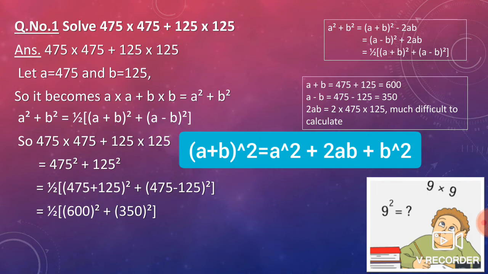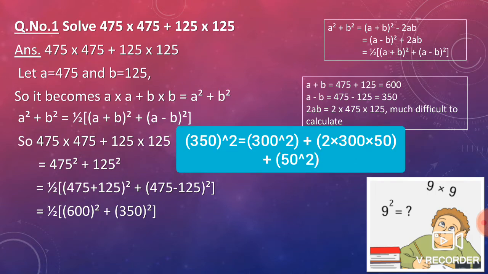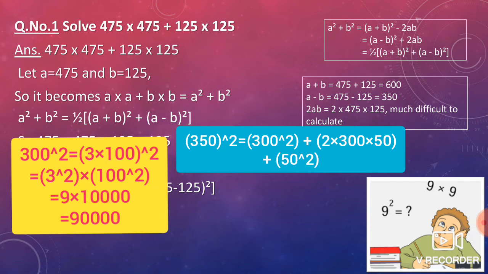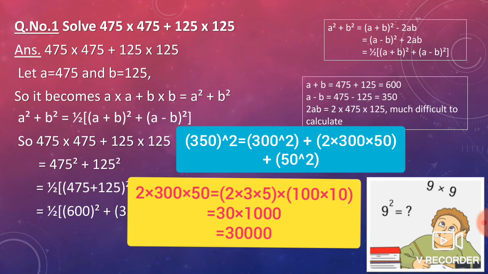So that will be 300 square plus 2 into 300 into 50 plus 50 square. 300 square, using the same exponent method, is 90,000. Then 2 into 300 into 50: we can exclude the zeros and calculate, we get 30, and then add the zeros back.